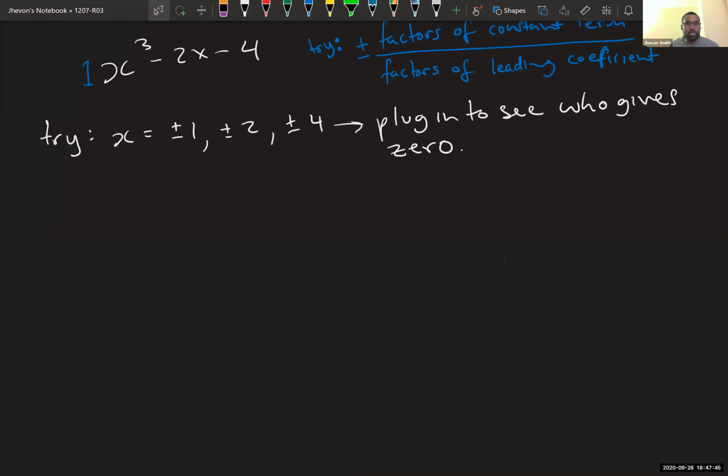Anyone you can see here giving you 0? Like a 2 seems like it would work. If I plug in 2, I would get 8 minus 4 minus 4.